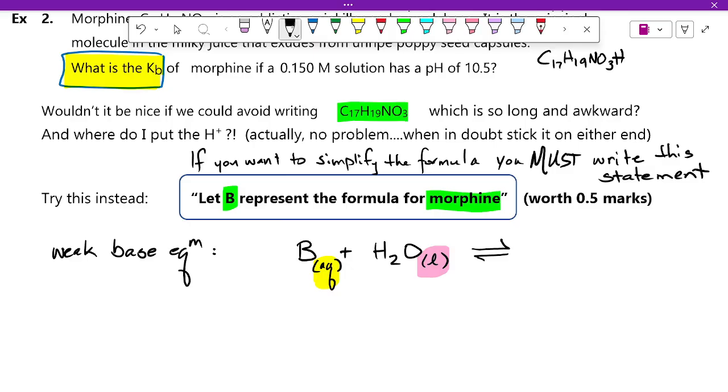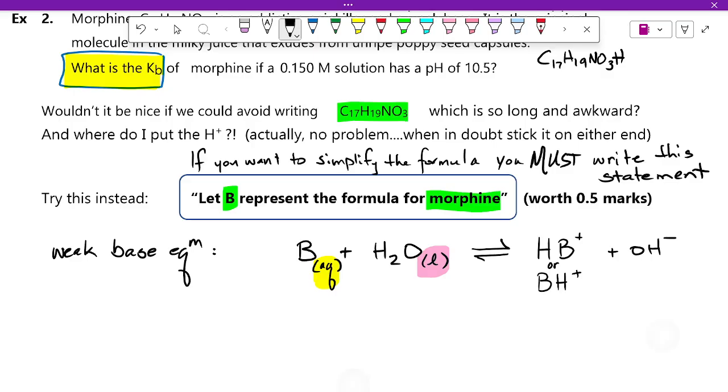And then, does it matter if you put HB or BH? Not really. Either of those would be fine. So choose whichever one you want there. I'm going to go with HB plus.